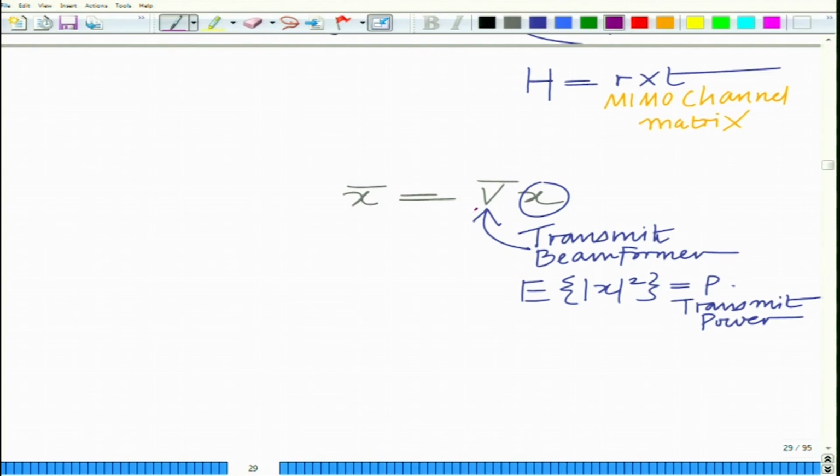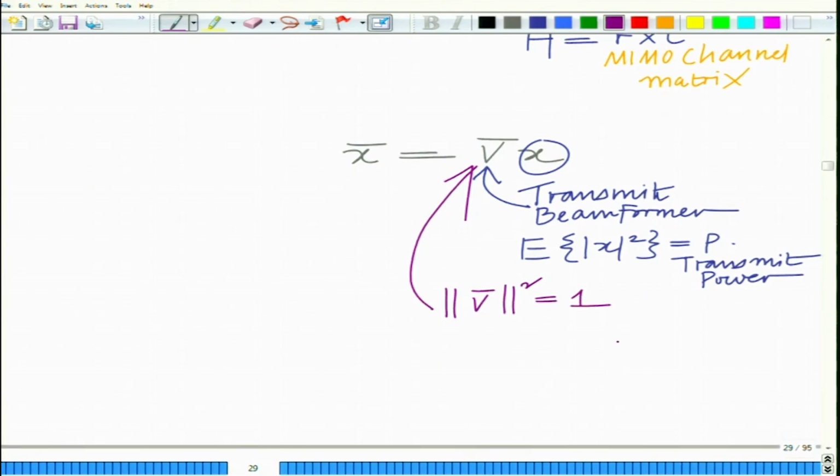So we will fix the power of the beamformer, that is norm V bar squared. So the transmit power is fixed, the energy of the beamformer norm V bar squared is fixed, and this imposes a transmit power constraint. Transmit power is limited to P.